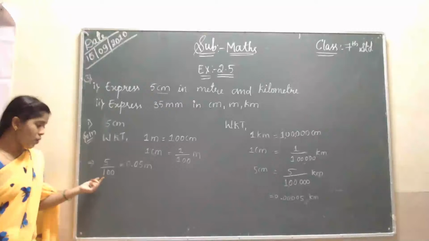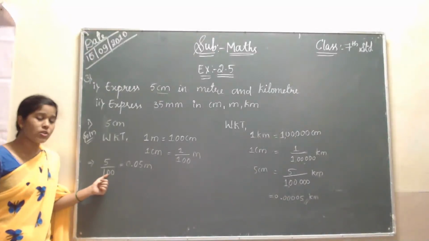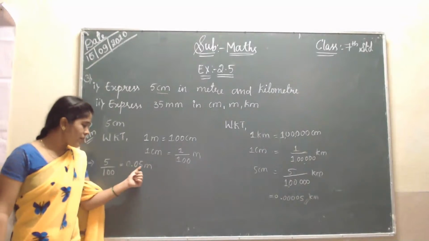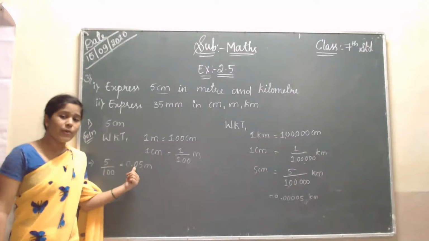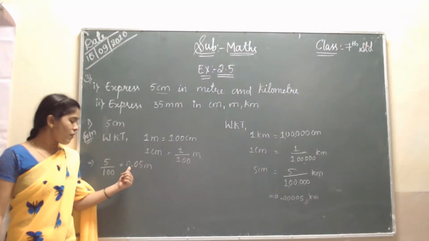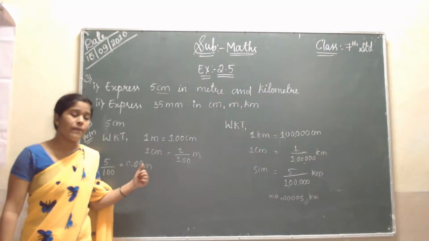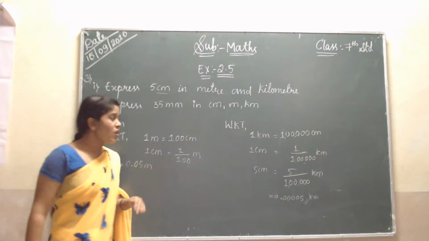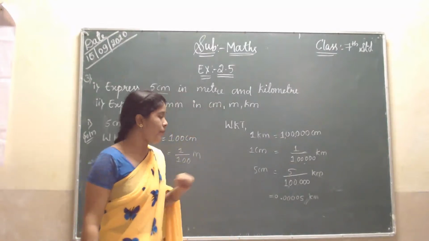If you want to divide, you can divide. Otherwise, in denominator there are 2 zeros, and one number is already given in numerator, so take another 0. So 0.05 meter.